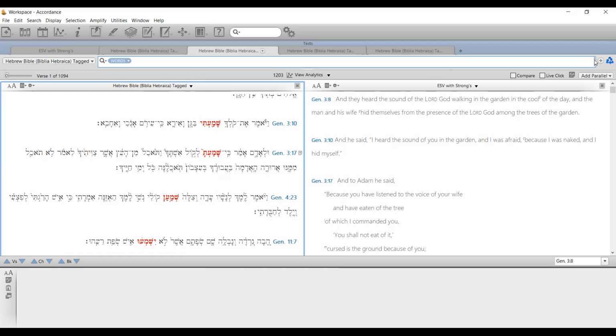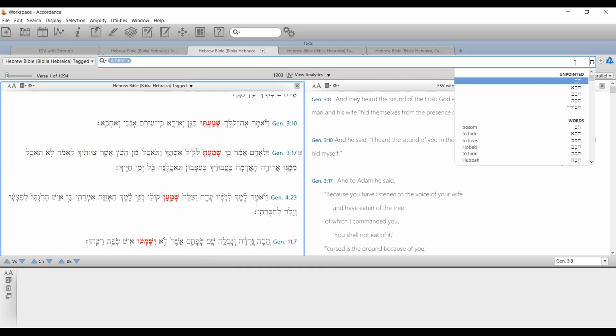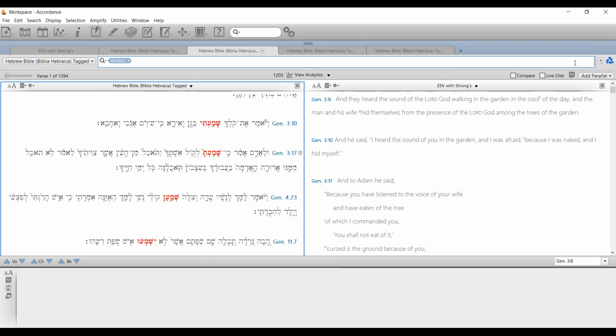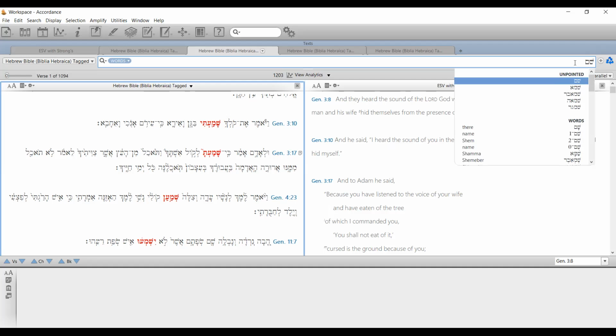Let us try to find, for example, if I need to look for the same root, Shama, and I need to find it within a specific morphological form. For example, Shama, and it will give me the options, several words with the same meaning.